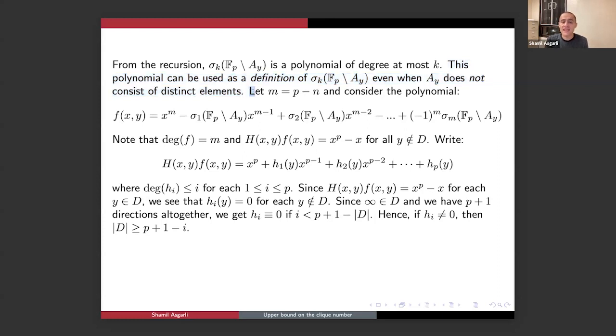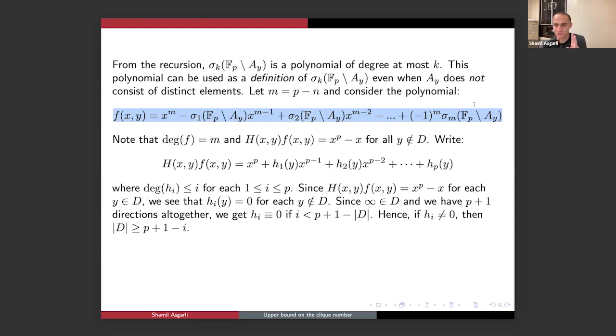Okay, so remember, n was the number of elements in our set that we're interested in. And we look at m, which is p minus n. And then we consider this polynomial. So what's the significance of this polynomial? This is another polynomial in 2 variables. This is a very interesting idea because we basically cooked up a new polynomial in 2 variables, x and y.